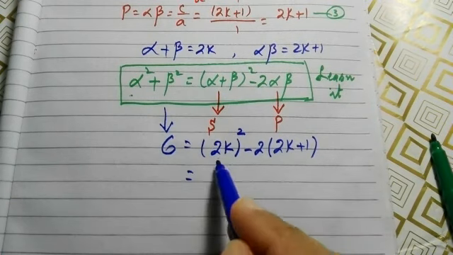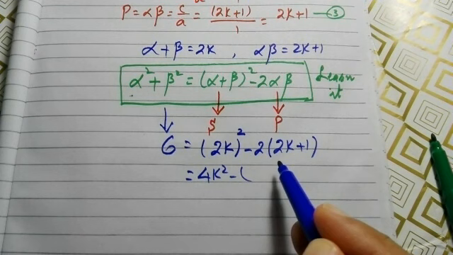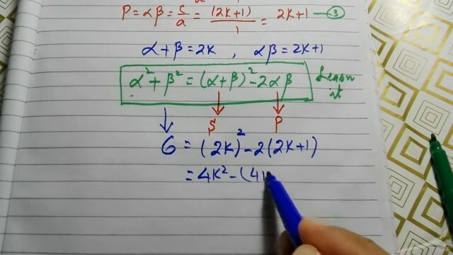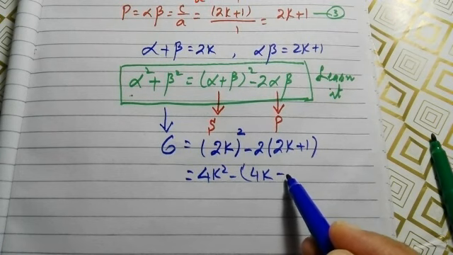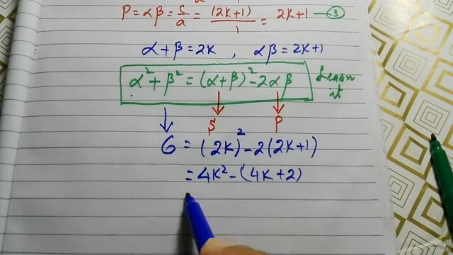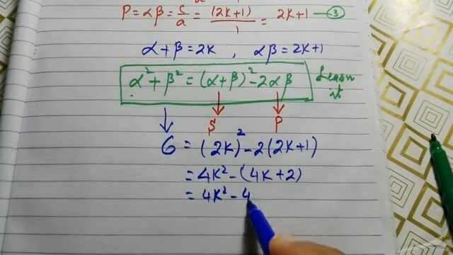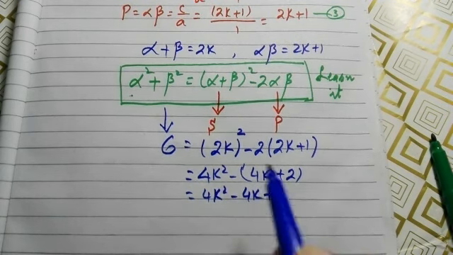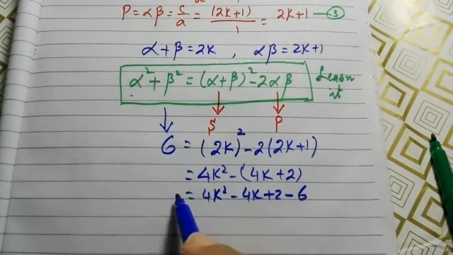So you will see 2k square means that it will be 4k square, and you will multiply these two terms, it will become 4k plus 2. In the next step it will become 4k square minus 4k minus 2, and if you shift 6 on other side like this one, so on this side it will be 0.